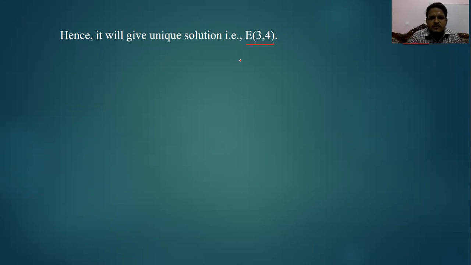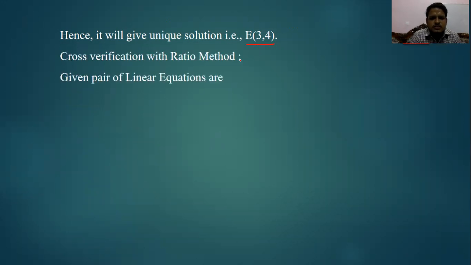Now we will verify this by the ratio method. For the ratio method, the given pair of linear equations are 4x plus 3y equal to 24 and 2x plus 5y equal to 26. From the ratio method, we know that the condition for a unique solution is a1 upon a2 is not equal to b1 upon b2.